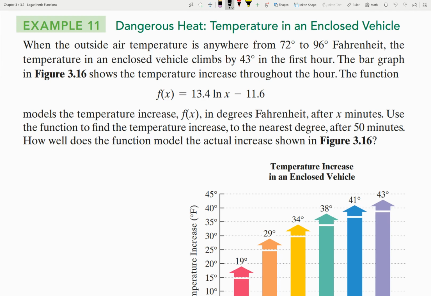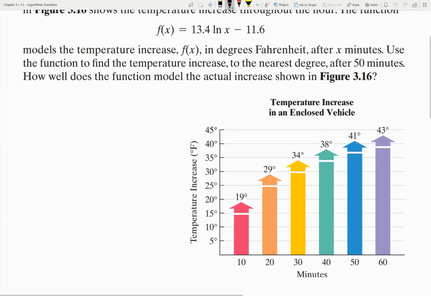So last example here, temperature in an enclosed vehicle. When the outside air temperature is anywhere from 72 to 96, the temperature in an enclosed vehicle climbs by 43 in the first hour. You can see from the bar graph, but more importantly, we have our equation.